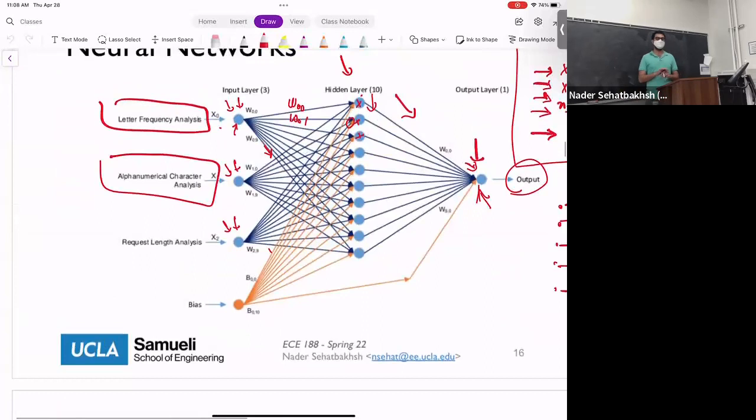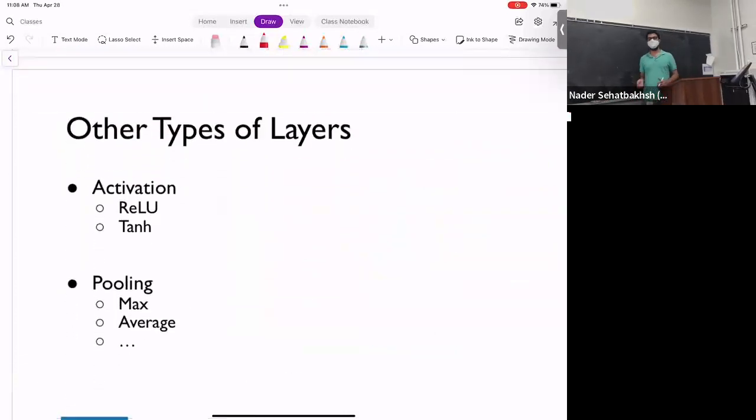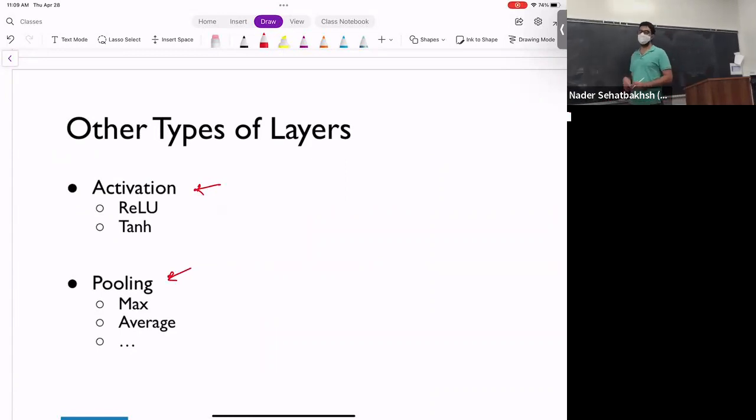So other than these normal neurons, usually these neural networks can also have additional nonlinear layers. Usually they call them activation and pooling layers. The activation layers are things like ReLU or hyperbolic functions. ReLU, I already discussed what it is, right?